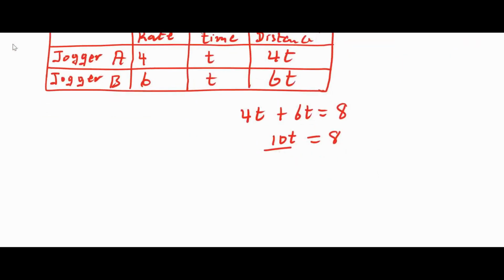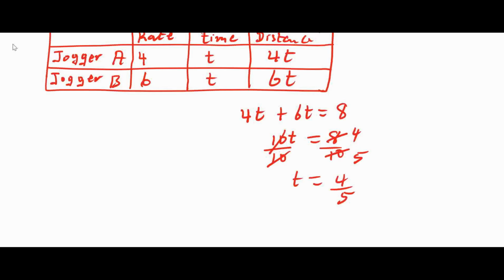So we can divide both sides by 10. And so t will be equals to 8 divided by 2 is 4, and 10 divided by 2 is 5. So this will become 4 over 5.